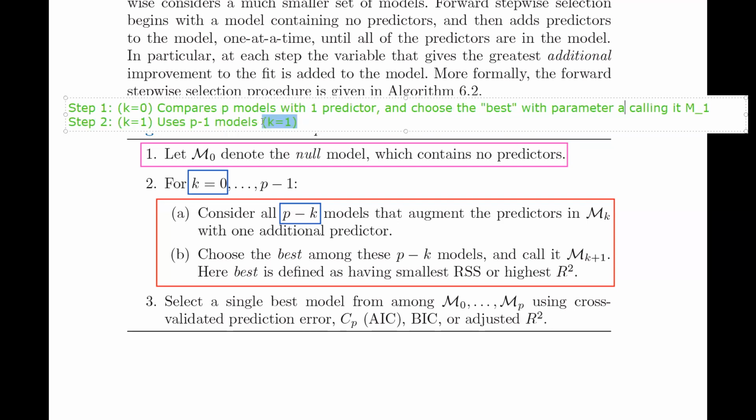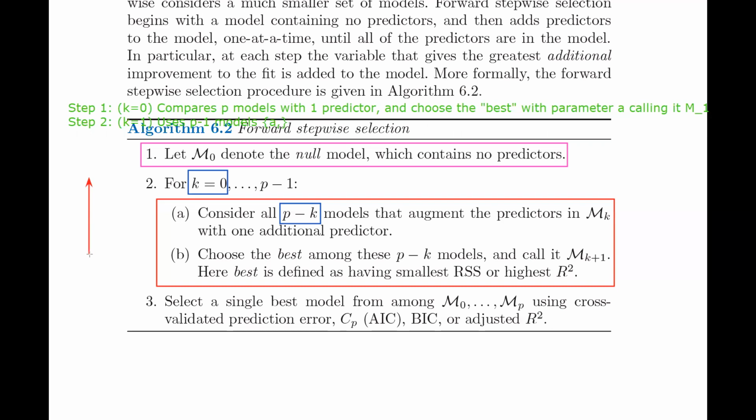Now which models are you going to compare? You're going to take A, you're going to take as a, on what we're regressing. So in step 2, you're going to look at models with two predictors.